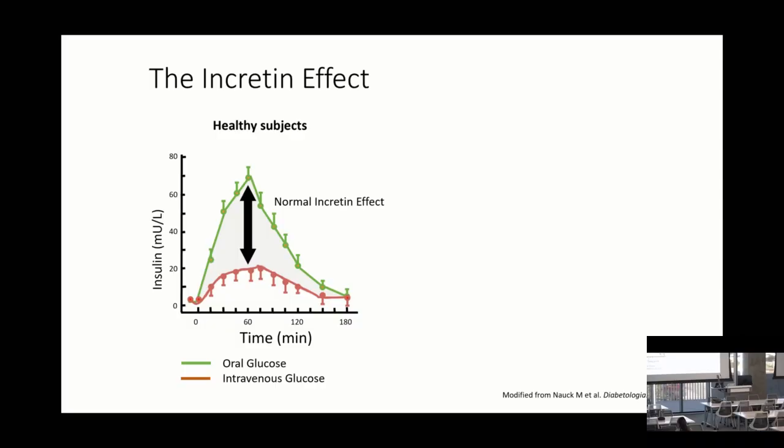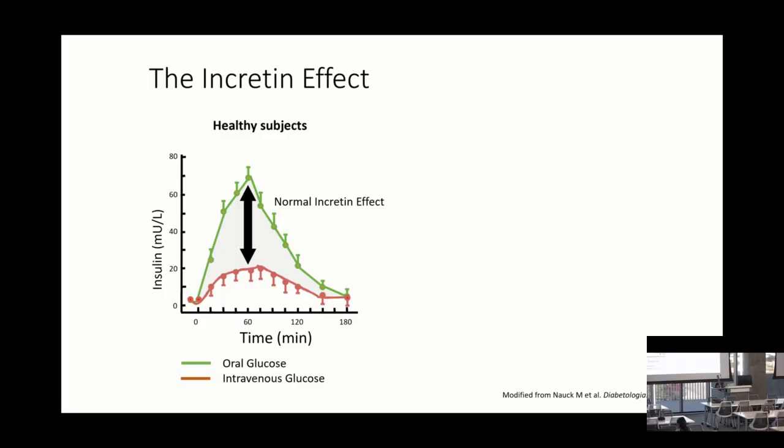All right, then incretins. So the incretin effect, this is just, again, for your understanding. This is an illustration of an experiment that was done in healthy subjects. They measured insulin level. They gave them 100 grams of glucose orally, and they gave them 100 grams of glucose IV, and they measured their insulin secretion.